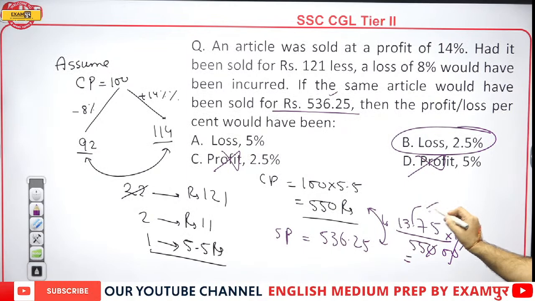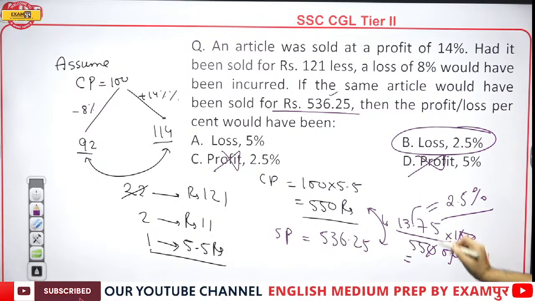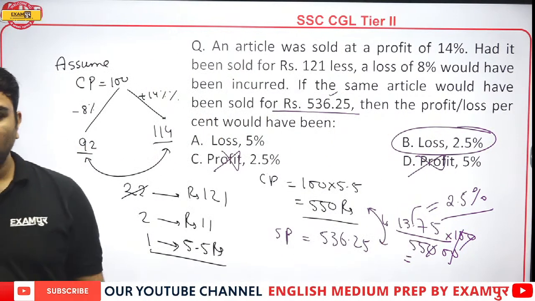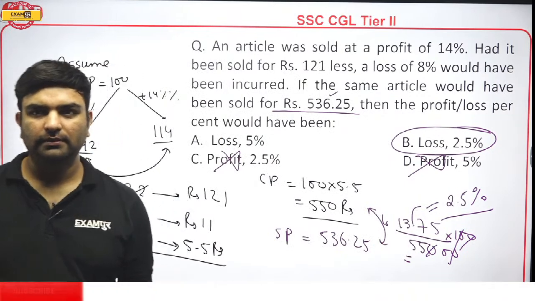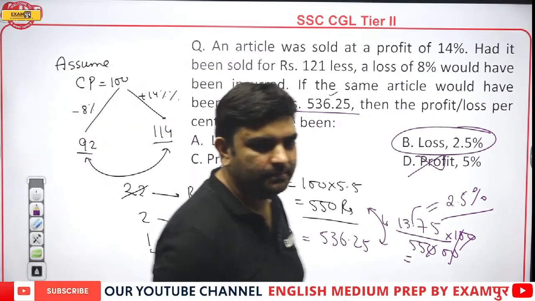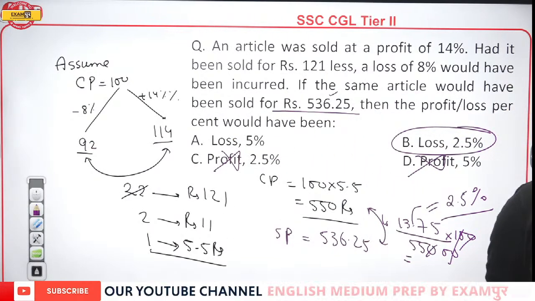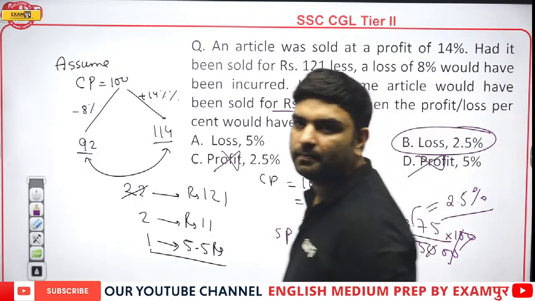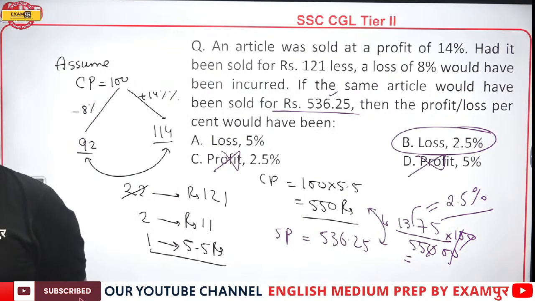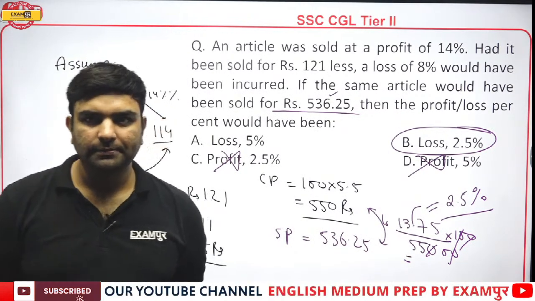So it will only become 2.5%, not 5%. Is it absolutely clear?